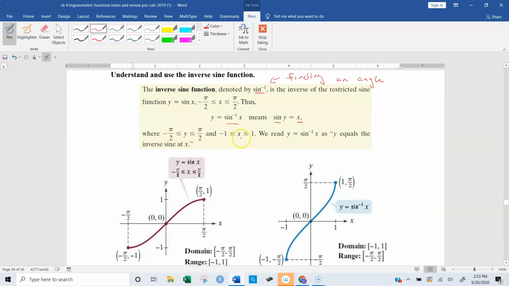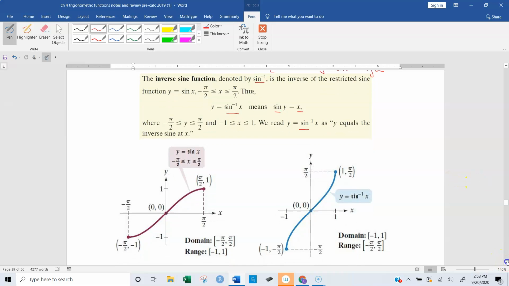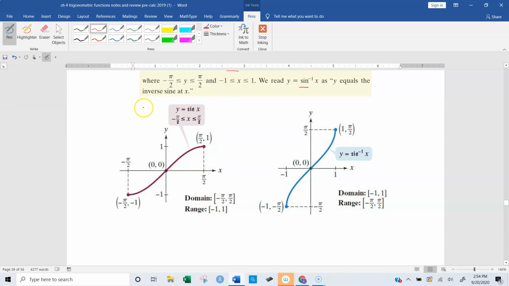X is going between -1 and 1. This says y equals the inverse sine of x is how that is read. We are finding angles is what it's talking about. And we do them in between 90. So what this is saying is we're limiting our domain now. We're not going to do a full cycle. We're going to go between -pi/2 and pi/2.